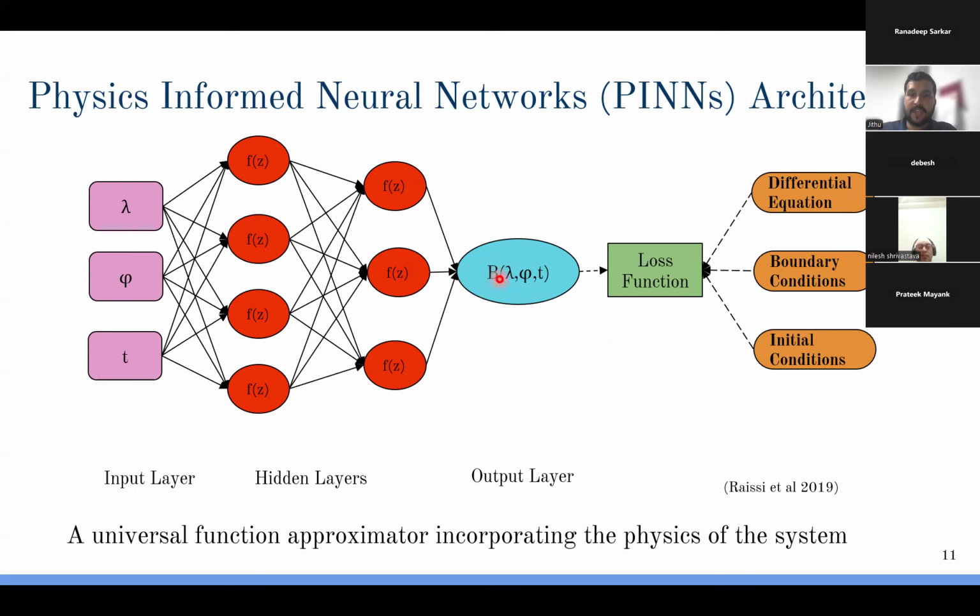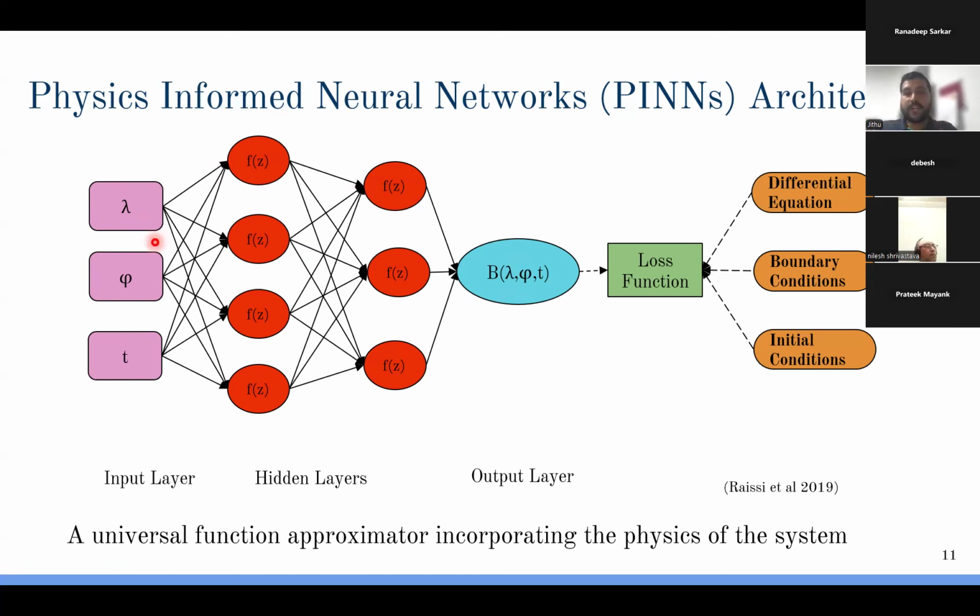But in this specific case, you see the magnetic field is connected to the inputs by functions. Each of these arrows corresponds to activation functions. So these are all functions that we know, and we know the derivatives of these functions also. So this input is connected to the output as a function, and you can calculate the derivative just by applying the chain rule. So it's just a functional value.